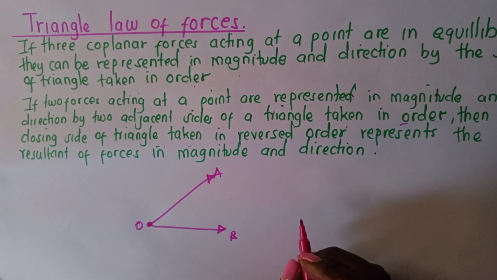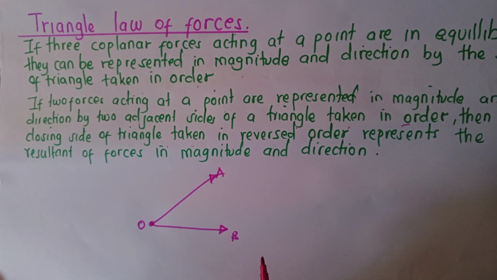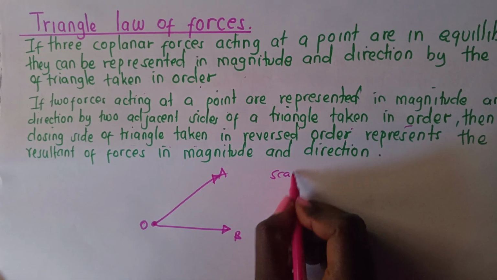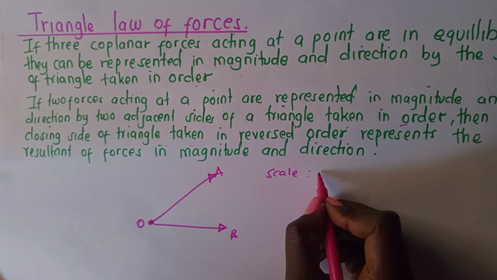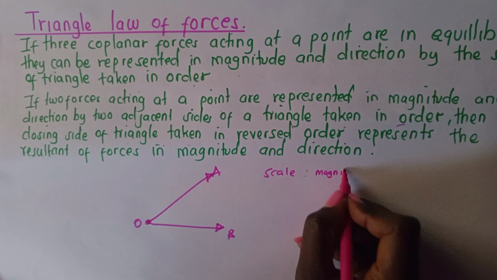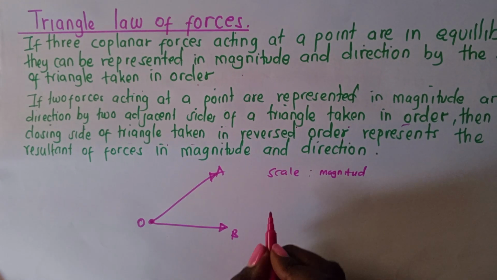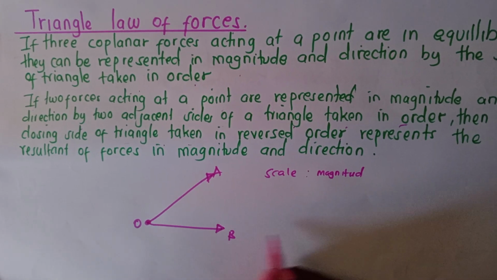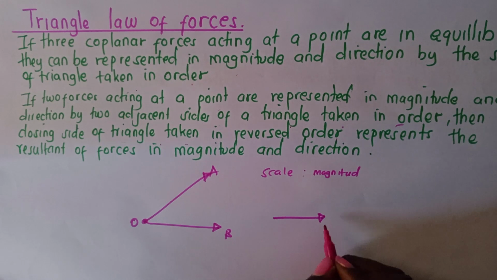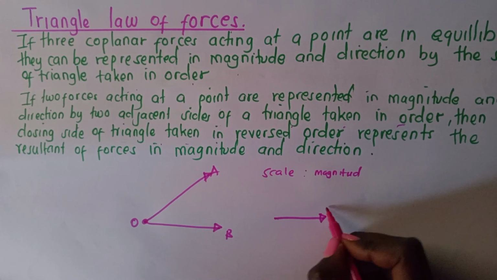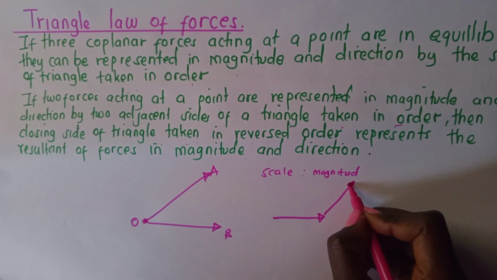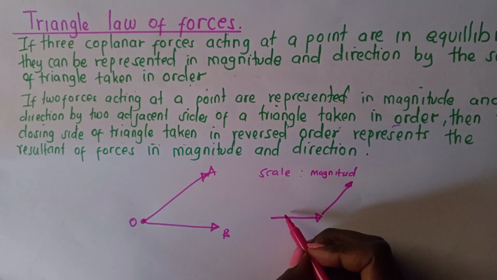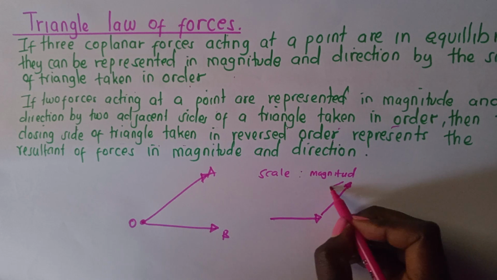Remember, we construct the two forces using the same scale, considering the scale simply due to their magnitude, and then you take them in order. So we'll have this force B, and then at the nose of force B we will have another force A. Now our resultant will be the closing side of this triangle, such that we will have our R here.